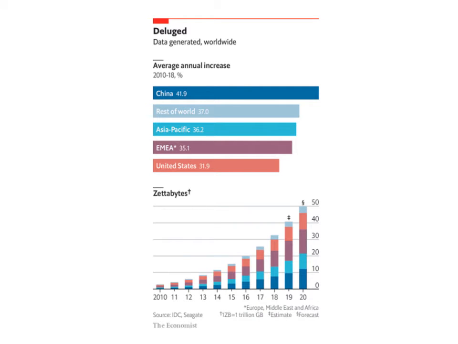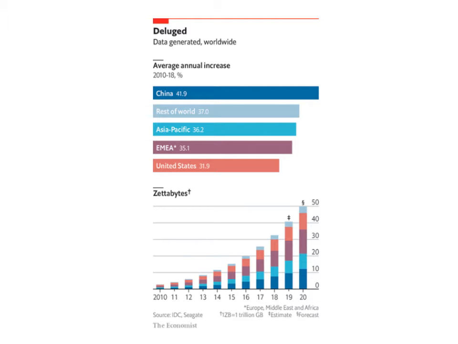First, the numbers. There's a whole lot of data going on. This chart was borrowed from The Economist, and it displays the average annual percentage increase for each segment of the globe.